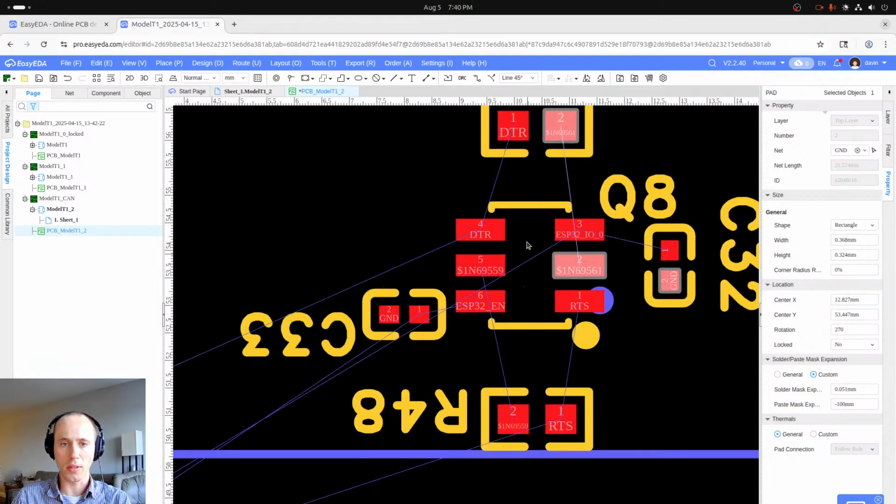Yeah, so this, we can route it up through there. Where's this going? Same thing.